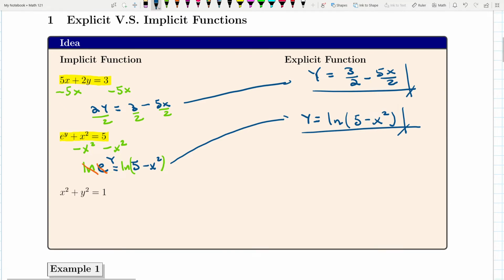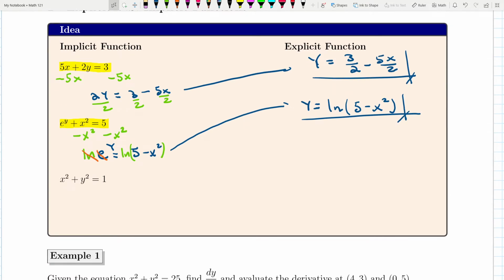Now, let's observe this third case. x squared plus y squared equals 1 is the circle of radius 1. How do we know that's a circular function? We have both variables squared with a plus in between, and that tells us the radius is 1. Let's see if we can solve for y in this case.